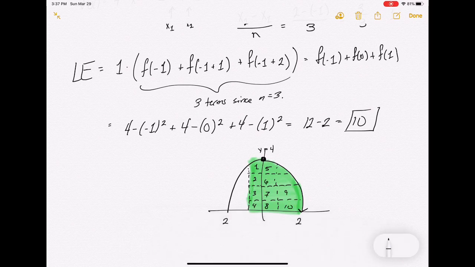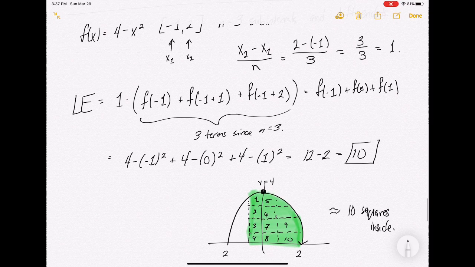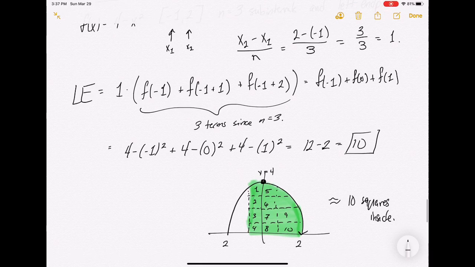We're not perfect, but you get what I'm saying. It's about 10 squares. So that's a quick and dirty version of seeing why this should make a little bit of sense. Anyway, I don't want to spend too much time on it today.